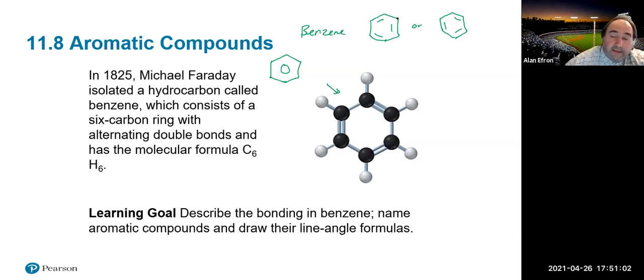Sometimes they may be on the left, sometimes on the right. So sometimes people will just shorthand it and draw that little circle in there. But it does stand for benzene, which is C6H6, 6 carbons and 6 hydrogens. There's essentially 1 hydrogen at each of these carbons right here.